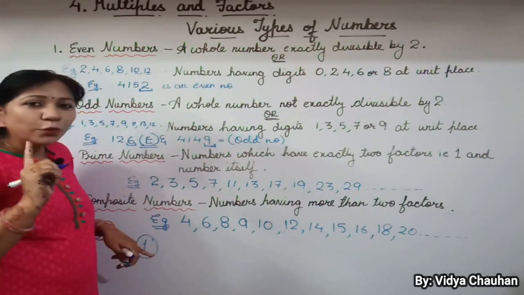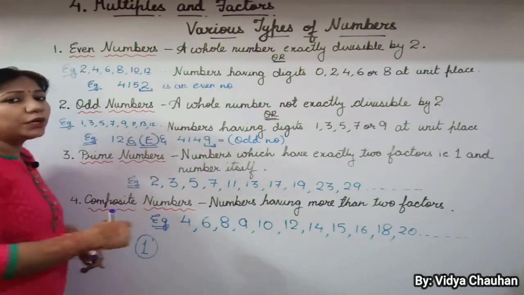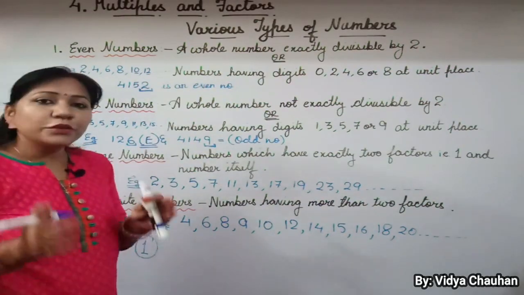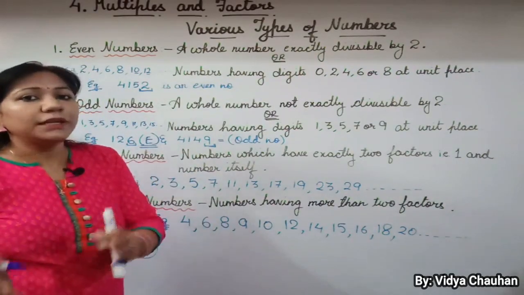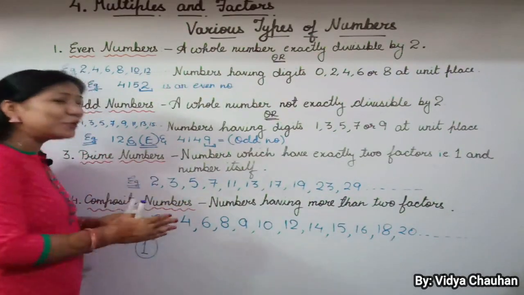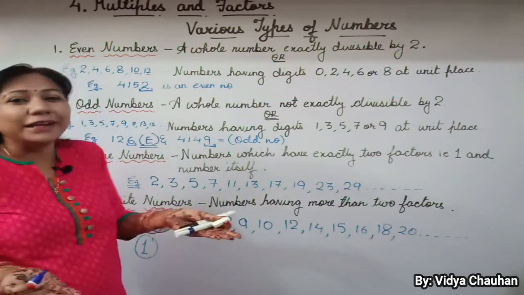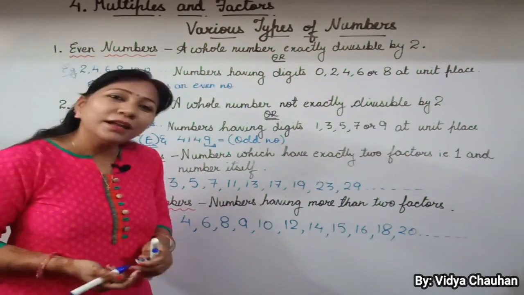Since it has only one factor, 1 is neither a prime number nor a composite number. So all the rest of the numbers can be either prime or composite, except number 1. That's why number 1 is also known as the lonely number, because it does not come in any group or category.